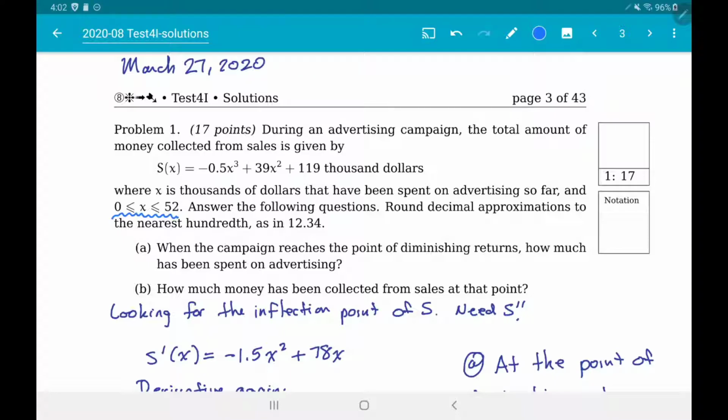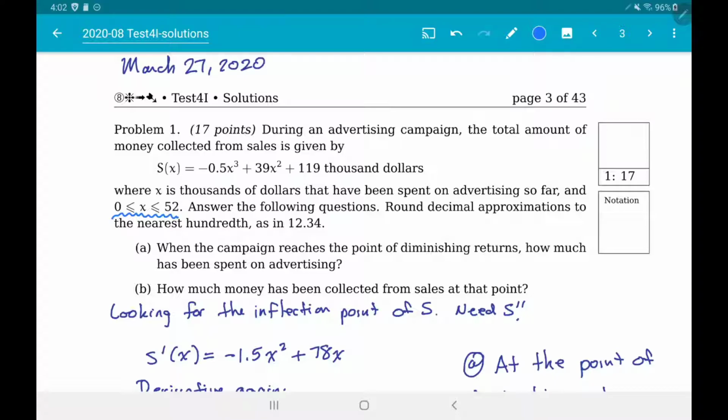You do need to look for the hypercritical number. Make sure that you're solving S double prime equals 0. If you really want, I could explain to you how that perfect middle business happens, but I'm not going to go into it in this video.